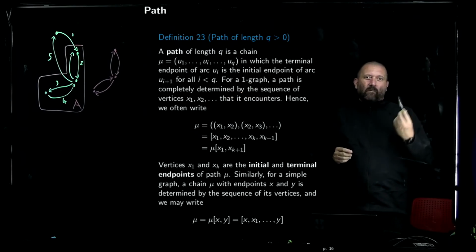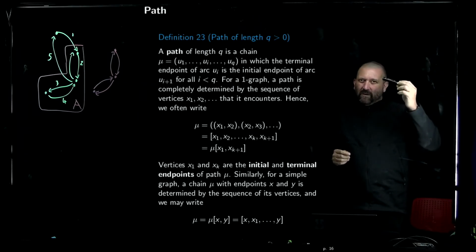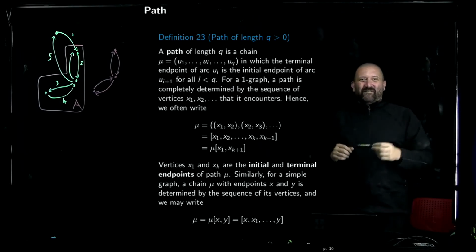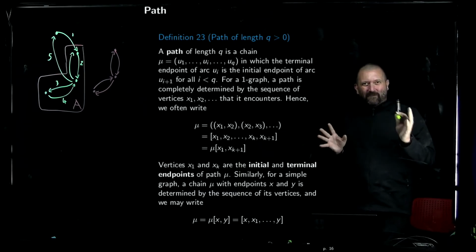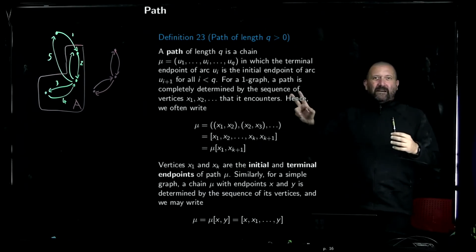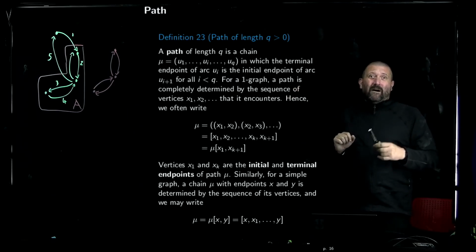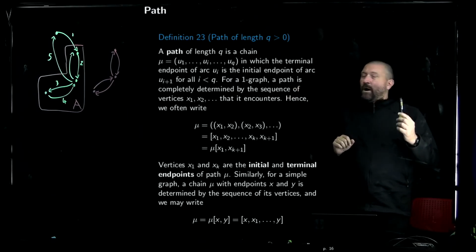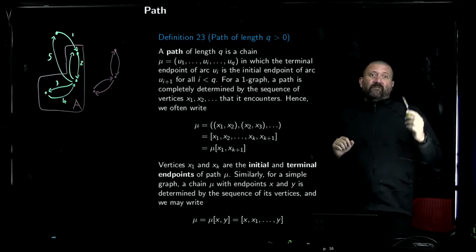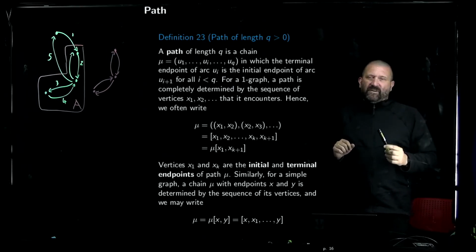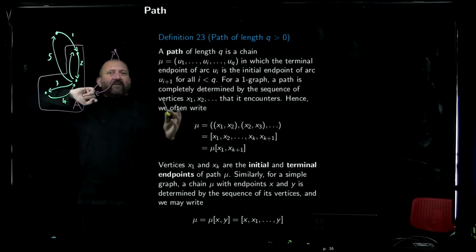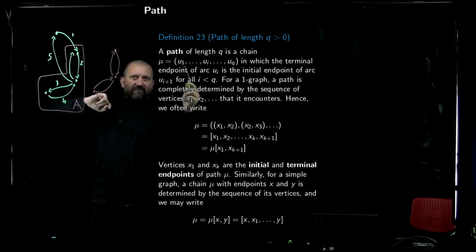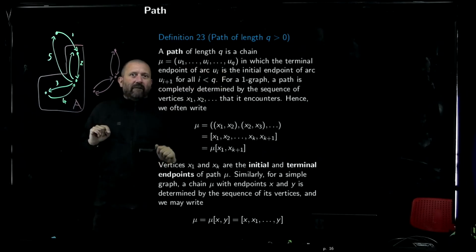If I have a 1-graph, I can think of my path also in terms of the vertices the path traverses, because my path is defined as a function of the arcs.